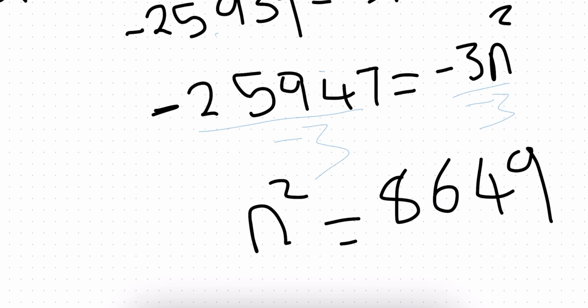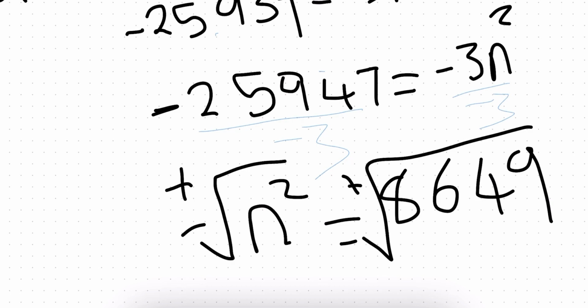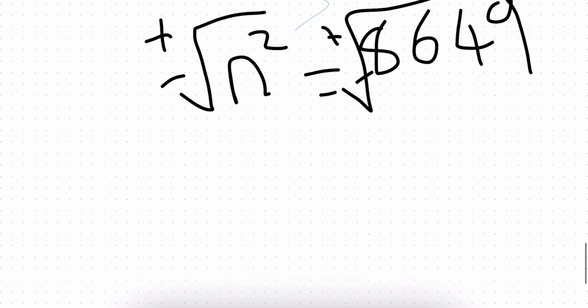And at this rate, we should always remember that to get rid of the squared, you introduce a square root. Plus, you don't just introduce a square root, you introduce a plus or minus square root. Yeah? So that means now your n is equal to a plus or minus square root of this number.